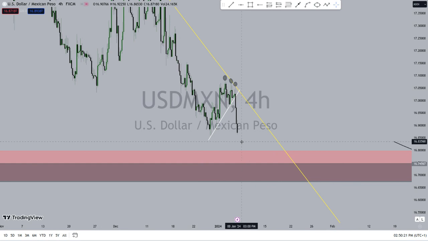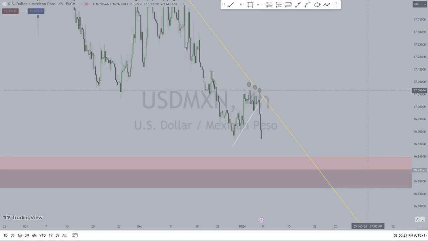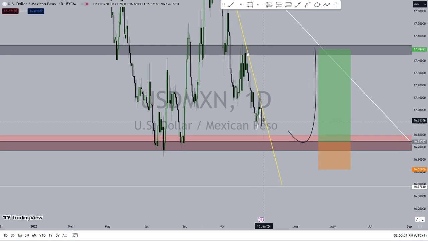Not everyone enjoys trading USD against the Mexican peso, but we just do a breakdown of it to see the next price outcome on USD MXN.